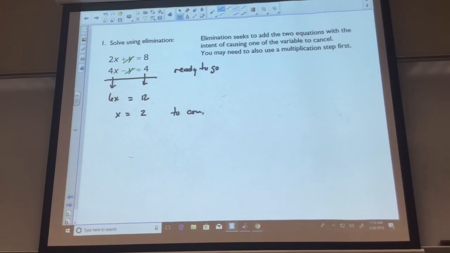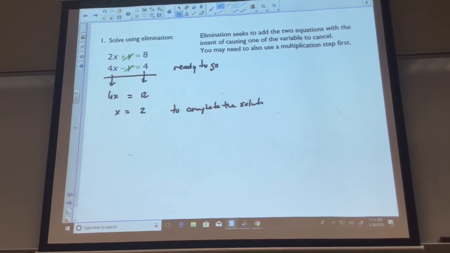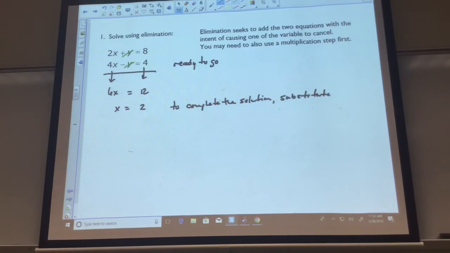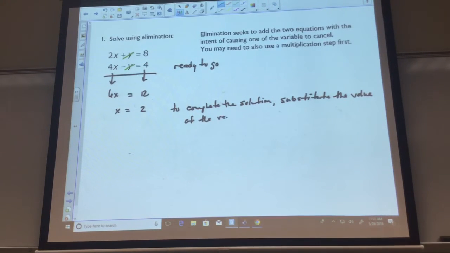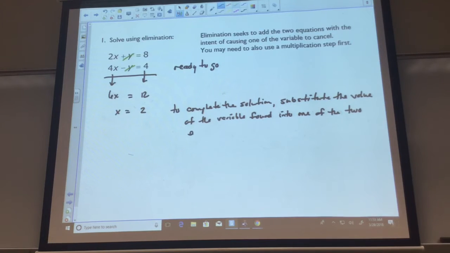To complete the solution, we go back and substitute again. Substitute the value of the variable that you just found into one of the two equations that you were given.